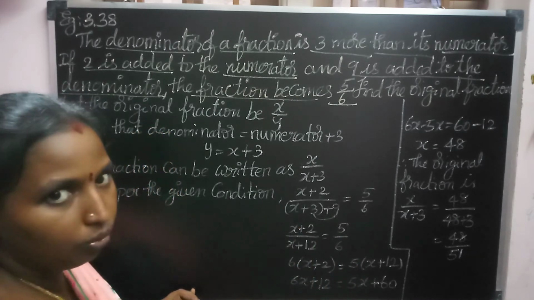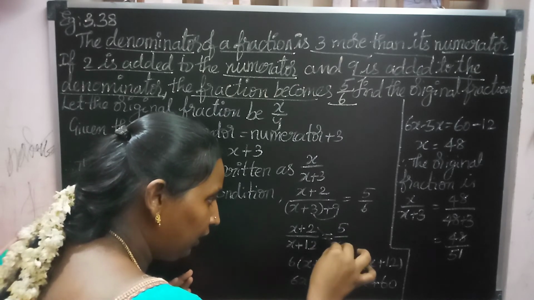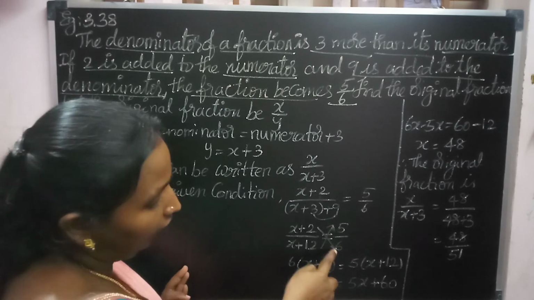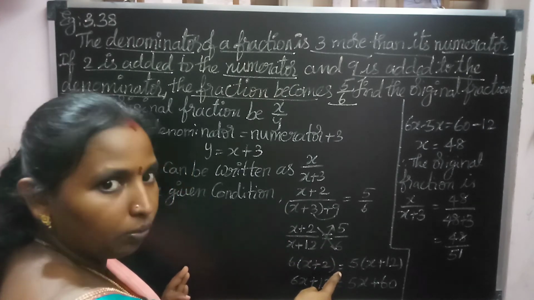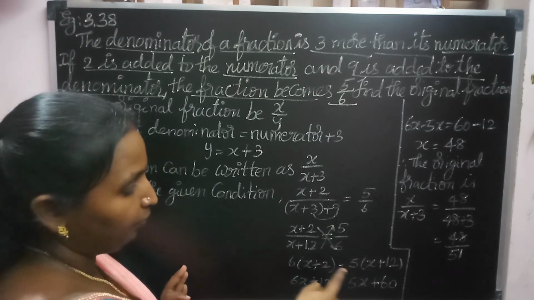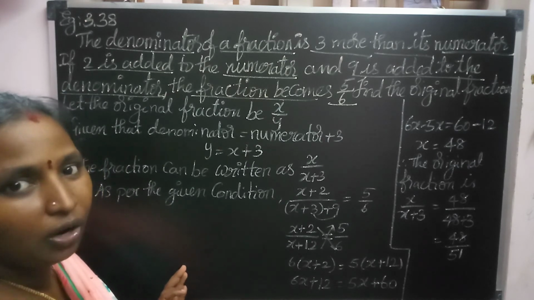Here you have to do one thing: cross multiply. In the equal to we are doing cross multiply. So 6 into x plus 2, write the equal to as it is, equals 5 into x plus 12. This is the method of cross multiplying.